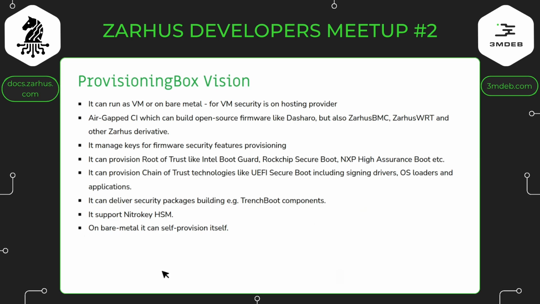So we should also consider this as our goal, to enable HSMs and natively support those builds for provisioning root of trust and creating chain of trust. We should natively support HSM. And of course, the other area of that is compliance. So for example, the upcoming EU CRA regulation, NIS2 regulation, ISO 27000, all those could be possible thanks to provisioning box.